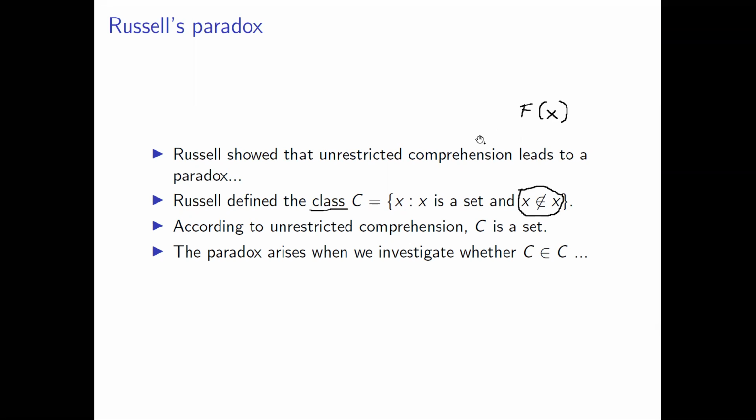And the cases will depend on whether or not C is an element of itself. And again, in order to get the paradox, we are assuming that C is a set, because that's what unrestricted comprehension tells us. And we will get a paradox on the next slide.